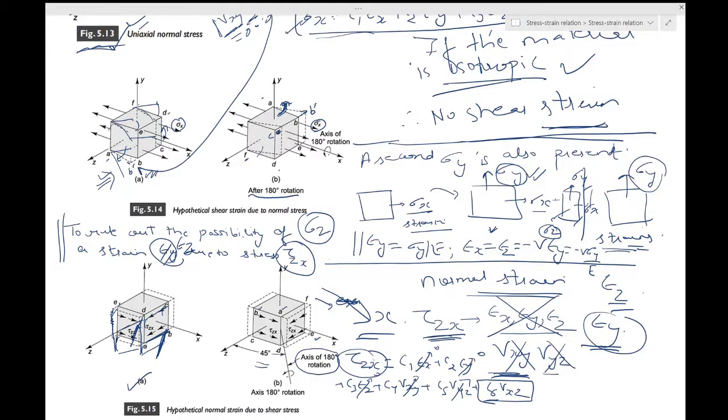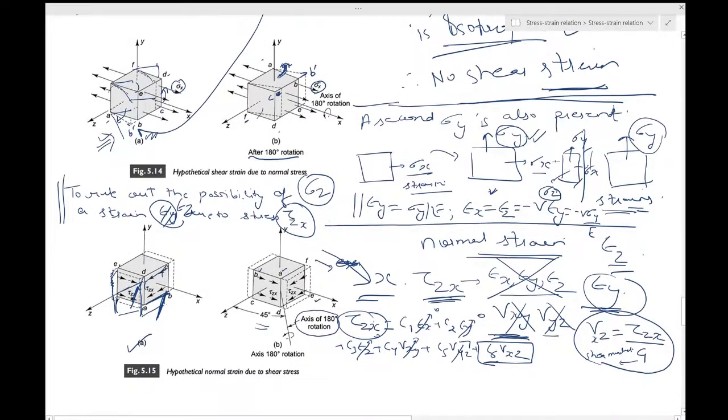So you write gamma xz as tau zx by this constant G, and G is called the shear modulus. It is also a material property, meaning it depends on the material, not on the size of the specimen which you have taken.